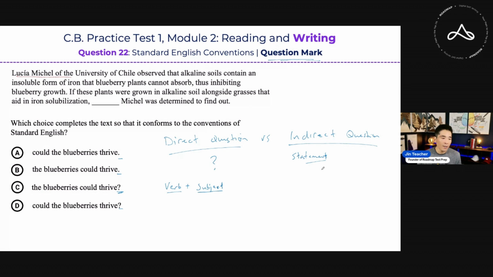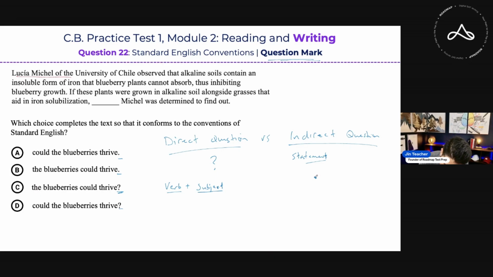Or I wondered who that girl is over there, right? Or, I was curious whether students in Korea study harder than students in America. These are all indirect questions, right? Where the question is kind of embedded indirectly into the sentence, right? So indirect questions will end in a period because they're statements.